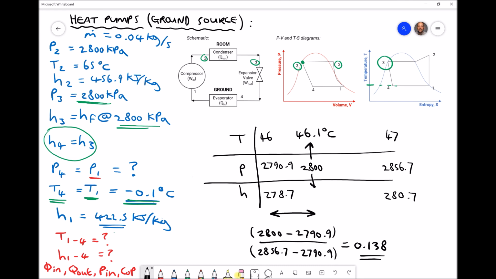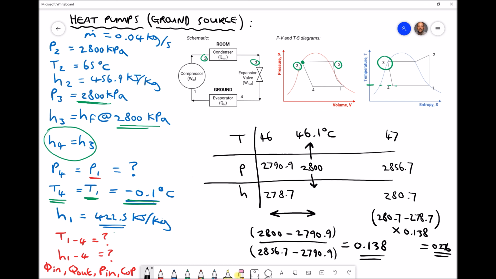Now, let's do the same for our enthalpies. The difference between our upper enthalpy value and our lower enthalpy value is 2: 280.7 minus 278.7. So 2 times our 0.138 equals 0.276.